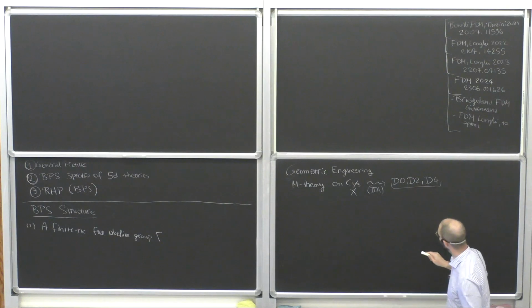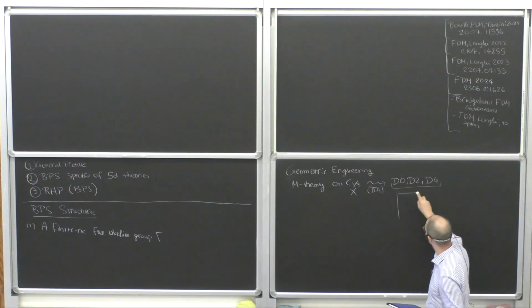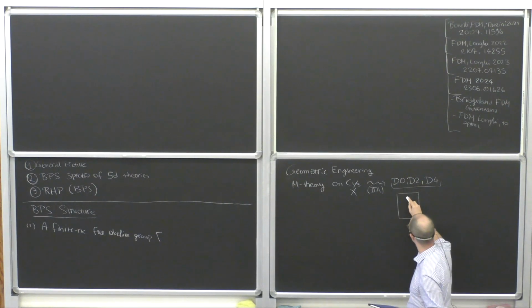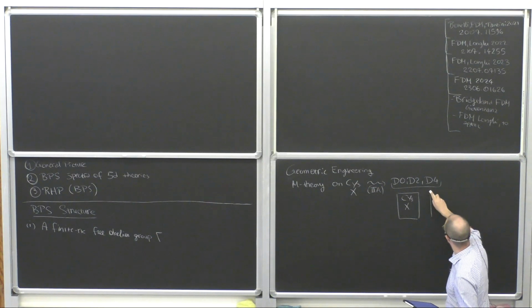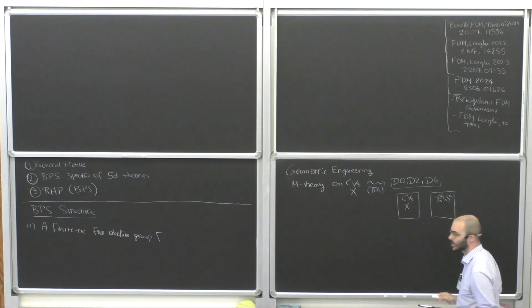So why do these correspond to particles? Well, we have our Calabi-Yau threefold X here, and then we want to study our physics on R4 times S1. S1 is the M theory circle.